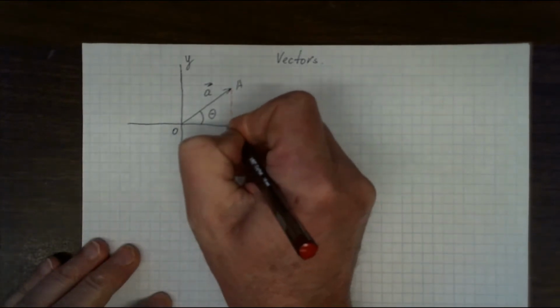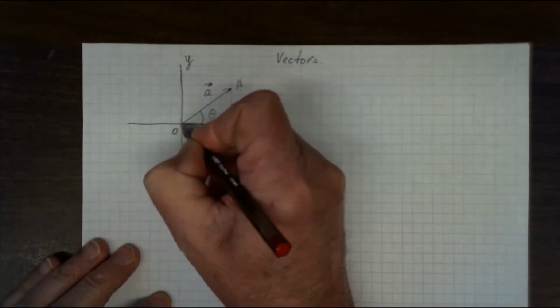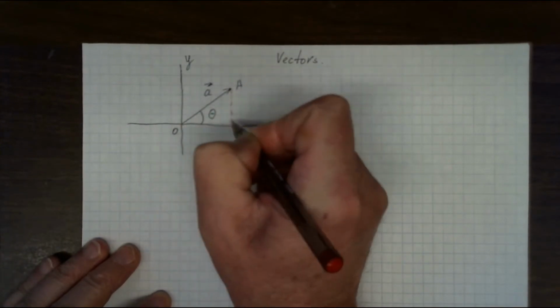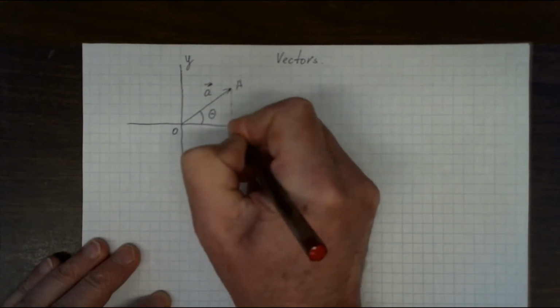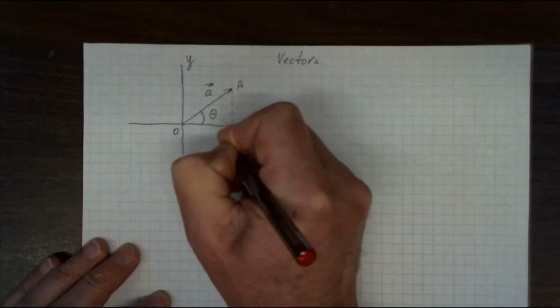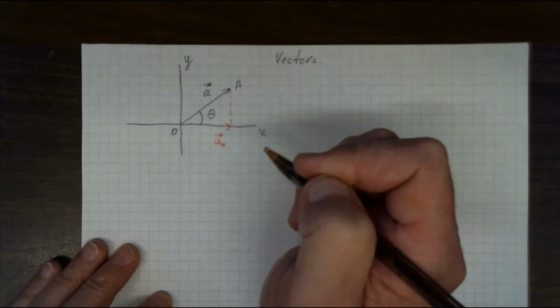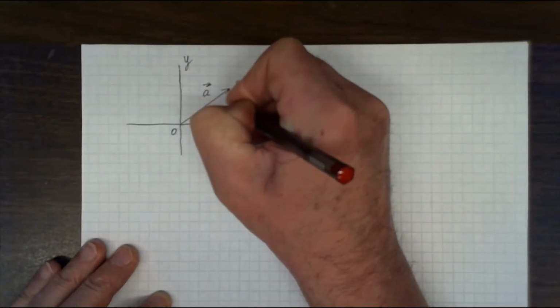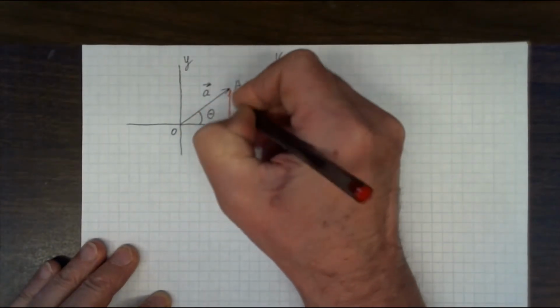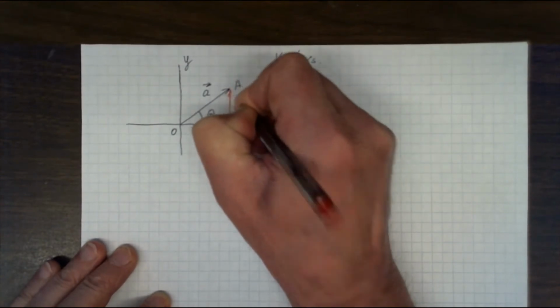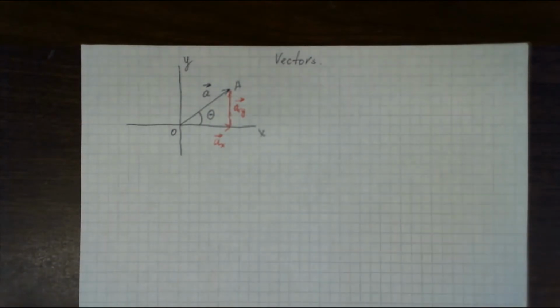So, again, I can replace vector A with two equivalent displacements. Vector A, and I will call it A of x along the x-axis, and vector A of y along the y-axis.